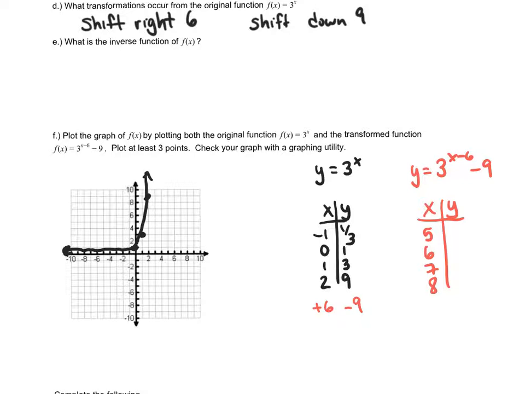Now subtracting 9 from some of these will be pretty tricky. So this would be negative 8 and 2/3. Then 1 minus 9 gives me negative 8. 3 minus 9 is going to give me negative 6, and then 9 minus 9 is going to give me 0.